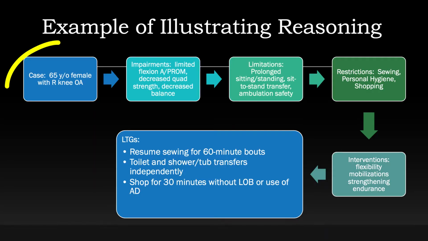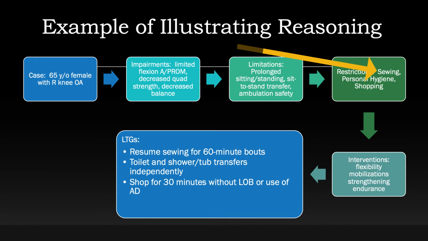So in this example, we'll follow a 65-year-old female with right knee OA who came in for a physical therapy exam. So let's start by looking at just the first entry in each of the ICF categories. So you can see under impairments, the first impairment listed is a flexion range of motion limitation. And this leads to difficulties with prolonged sitting in the next box, and then it leads to a restriction in participation for sewing.